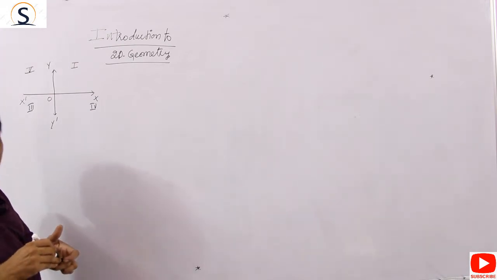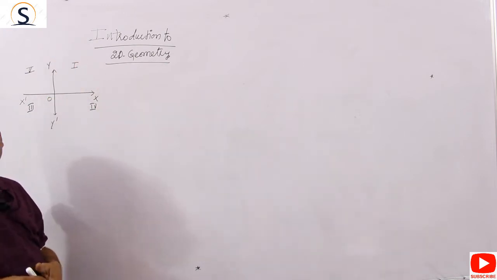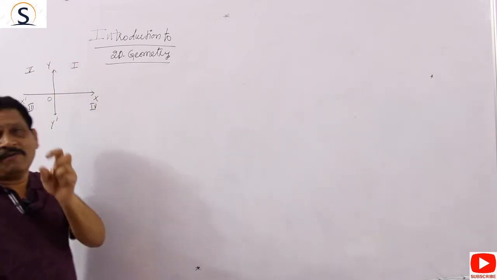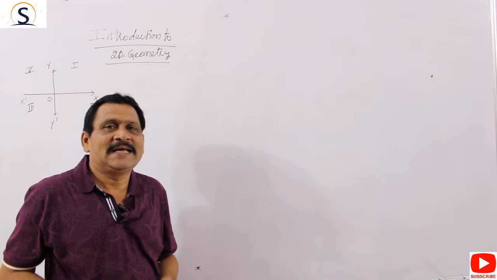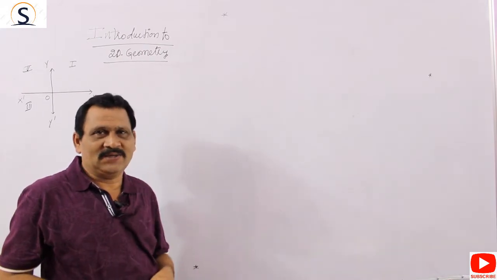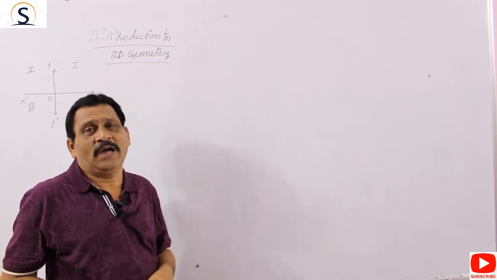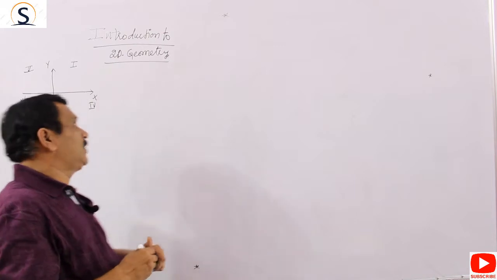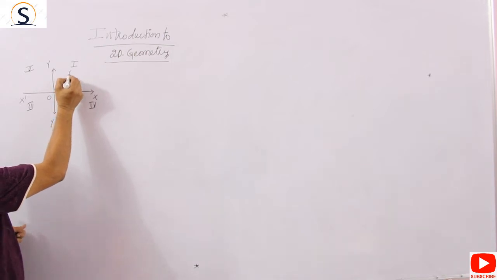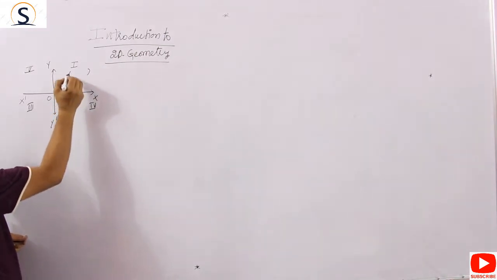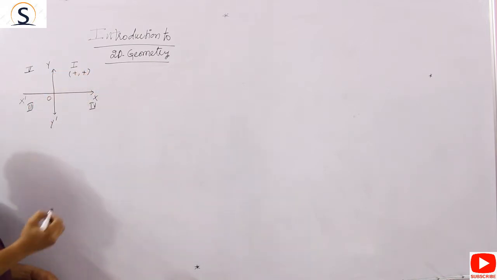In these 4 quadrants, there are infinite number of points, and each point has 2 coordinates. One coordinate from the x-axis and the other from the y-axis. Now we will discuss the signs of the points in different quadrants. In the first quadrant, the point has 2 coordinates, first positive, next also positive, this is plus plus.